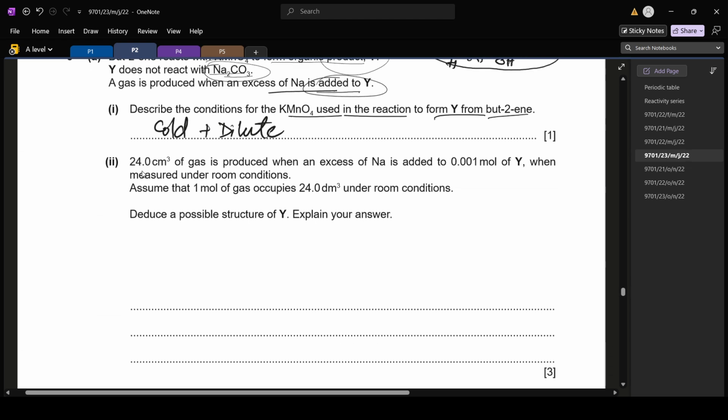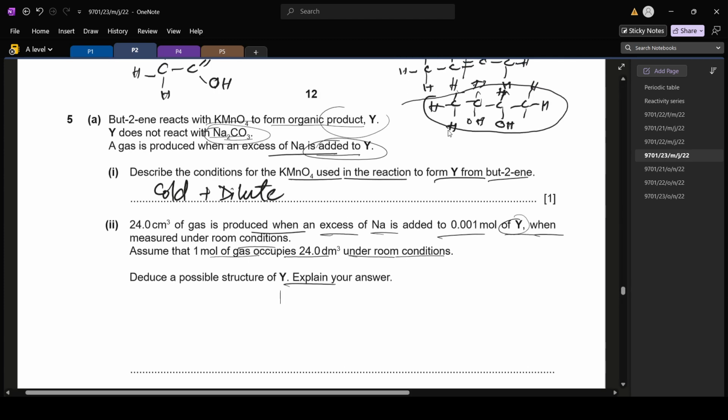Part 2. 24 cm cube of gas is produced when an excess of sodium is added to 0.001 mole of Y, measured under room conditions. Assume that 1 mole of gas occupies 24 dm cube under room conditions. Deduce the possible structure of Y. The structure of Y I have already shown you.